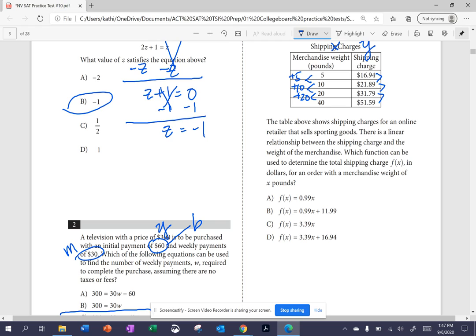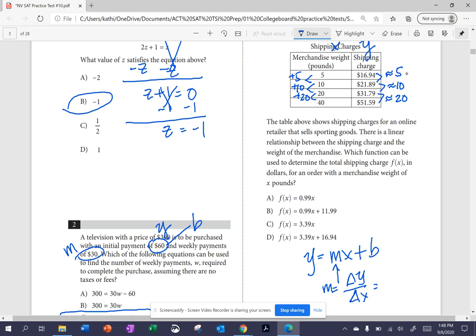I'm going to estimate. From 17 to 22, this is approximately 5. From 22 to 32, this is approximately 10. From 32 to 52 is approximately 20. So I'm going to use approximation here. Again, this is the standard linear equation y equals mx plus b, where slope is the change in y divided by the change in x.